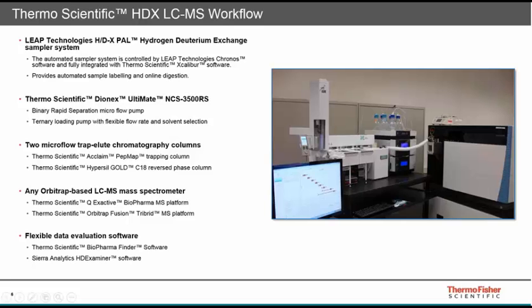Here you see the connection between the column that's located here in the box. We'll review that in more detail in a couple of slides. And that's hooked up online to the source of the mass spectrometer. Looks like a thick white connection, but it's actually PEEK tubing wrapped in bubble wrap for temperature control, also to prevent the back exchange.